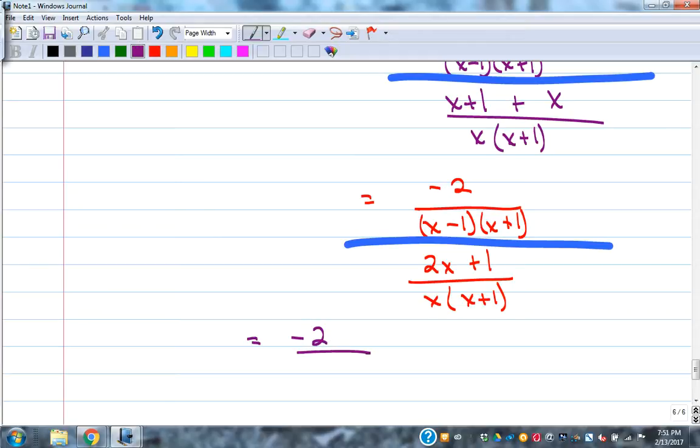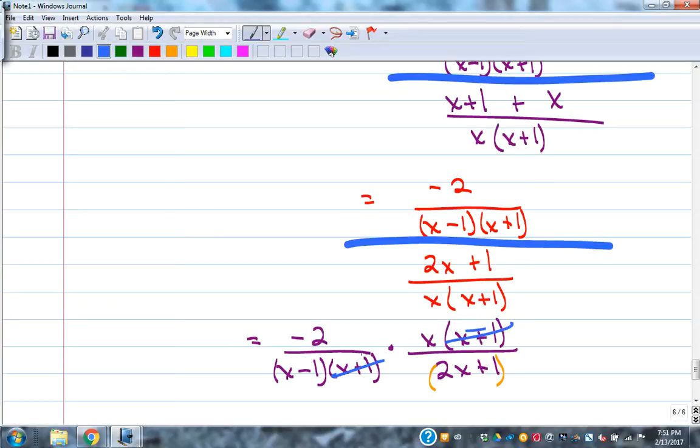Reciprocal. So I have negative 2 over x minus 1, x plus 1, times x plus 1 over 2x plus 1. X plus 1 is going to cancel out. And that's all. So I have negative 2 over x minus 1, 2x plus 1.